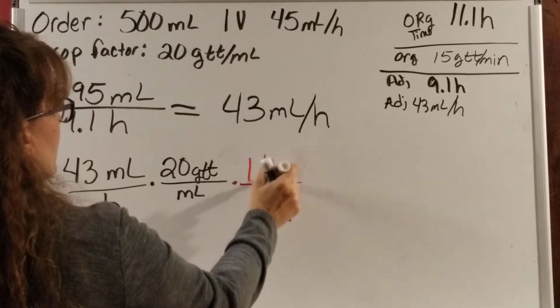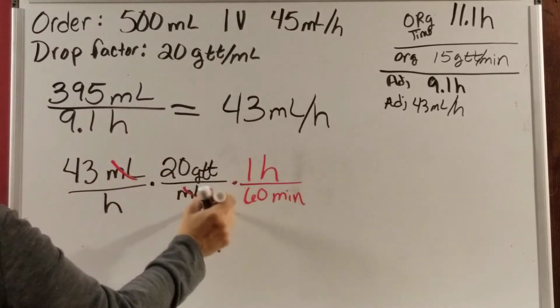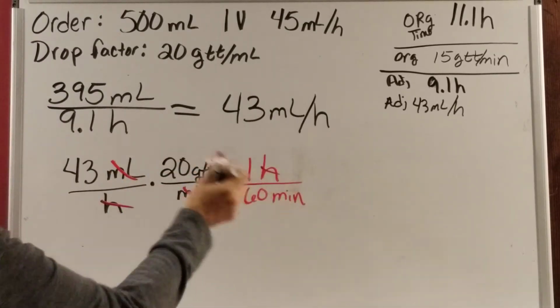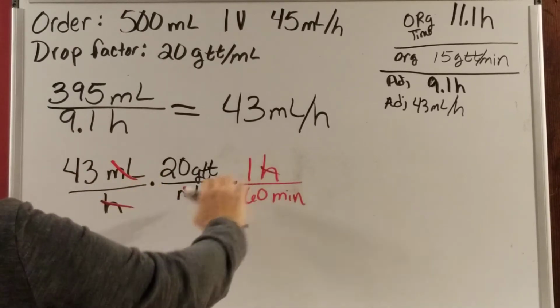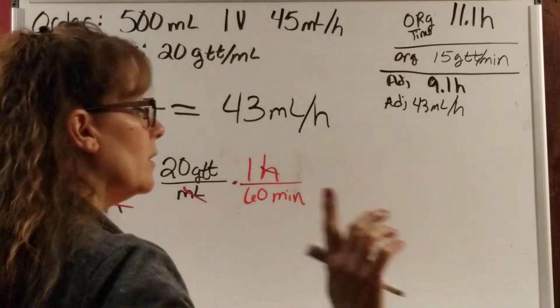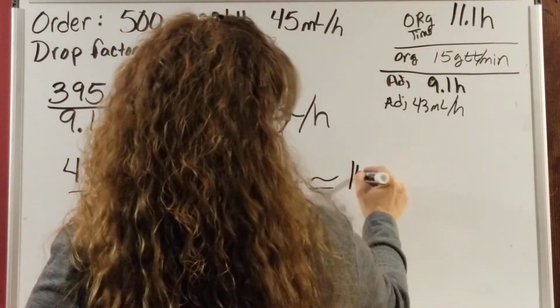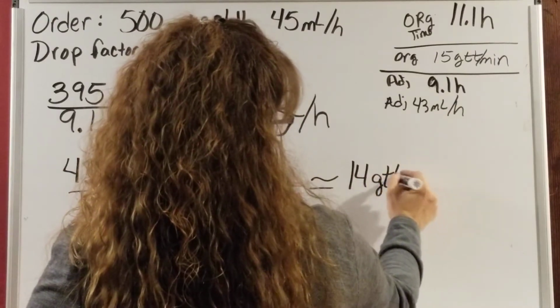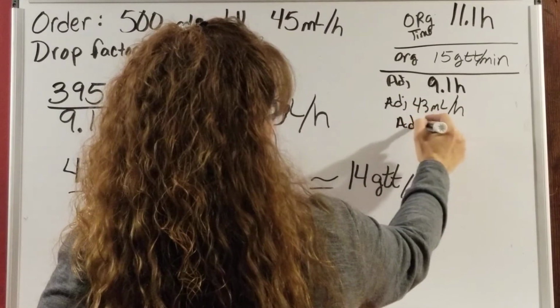We know for every 1 hour it's 60 minutes. I'm going to go through here and mark out what I need to. I'm left with drops per minute. I did it right. Now I got 43 times 20 times 1, all divided by 1 times 60. And we're going to round to the nearest whole number, which gives us 14 drops per minute. And this is going to be my adjusted.